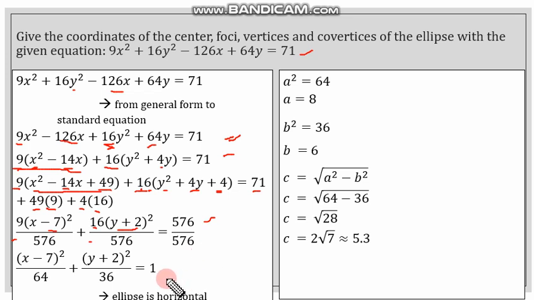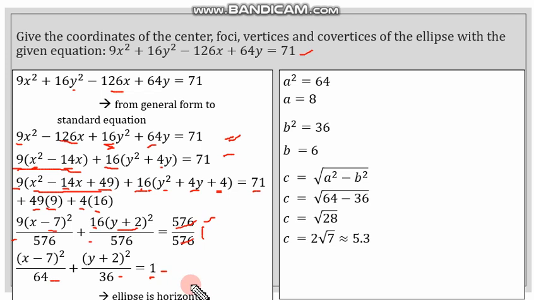Since in the standard equation 1 remains on the right side, we divide by the number on the right side. So 576 divided by 576 here. 576 divided by 9 is 64. That's why 64 here. Next is 576 divided by 16. That's 36. And 576 divided by 576, that's 1.